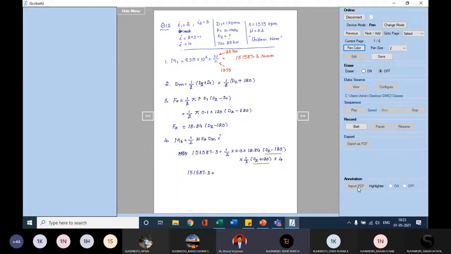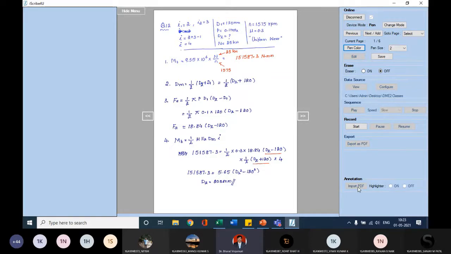Answer is 203. Okay, you directly put the answer. It is 5.65 times D2 square minus 120 square. So D2, how much? 203. Any decimal places? 202.9. Right, that should be fine.